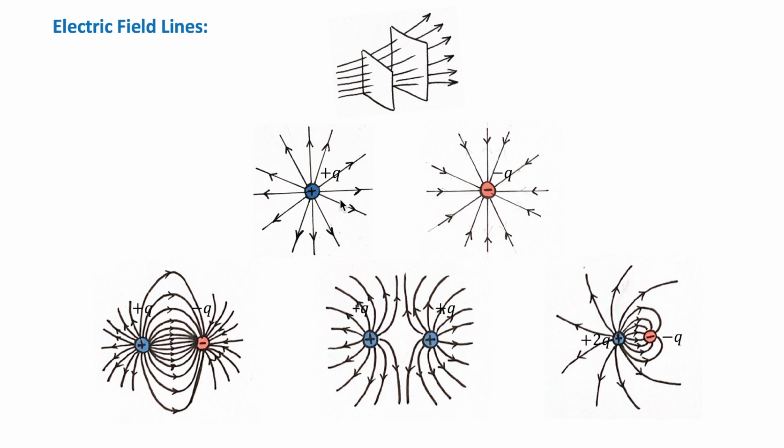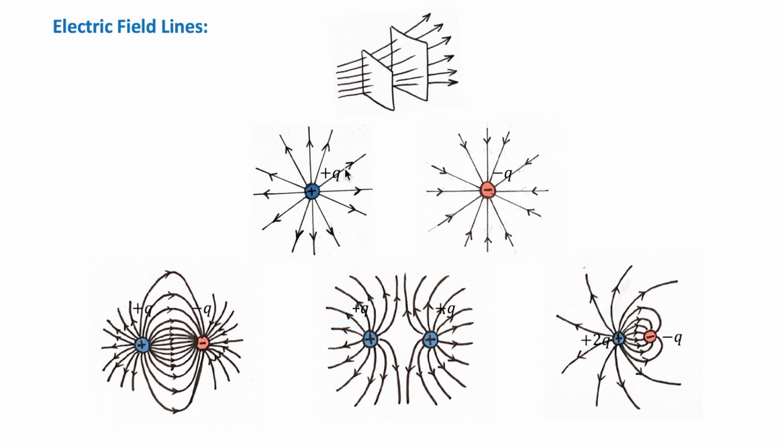So for a positive charge, if we place a positive test charge here, the electric force on it will be directed away from the positive charge, and so the electric field is directed away from the positive charge, okay?